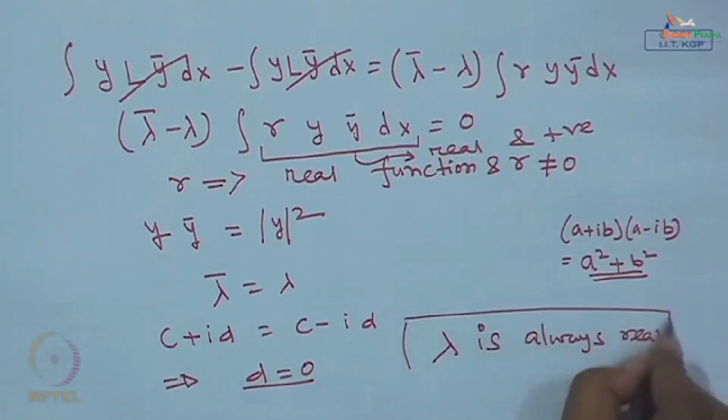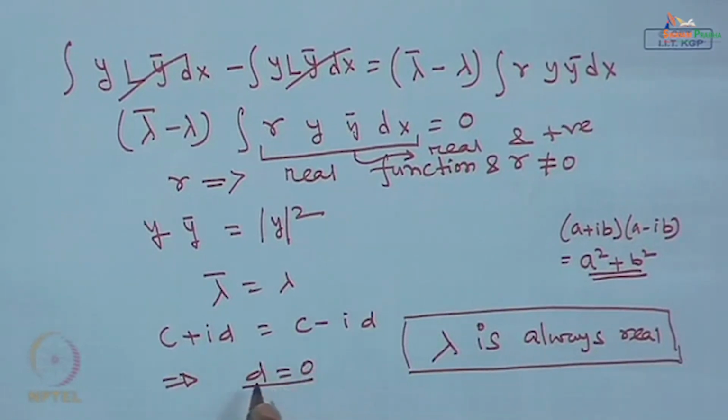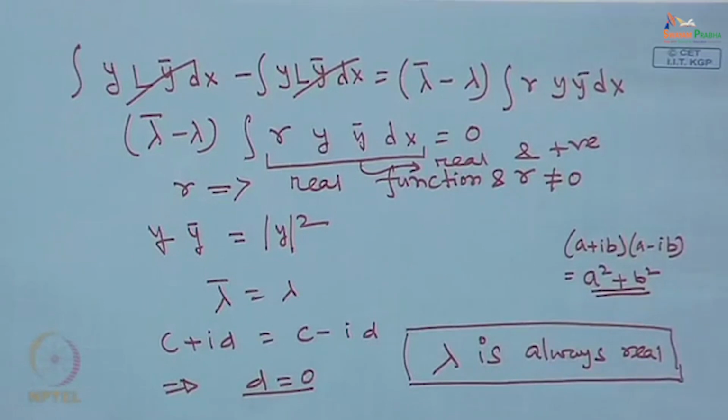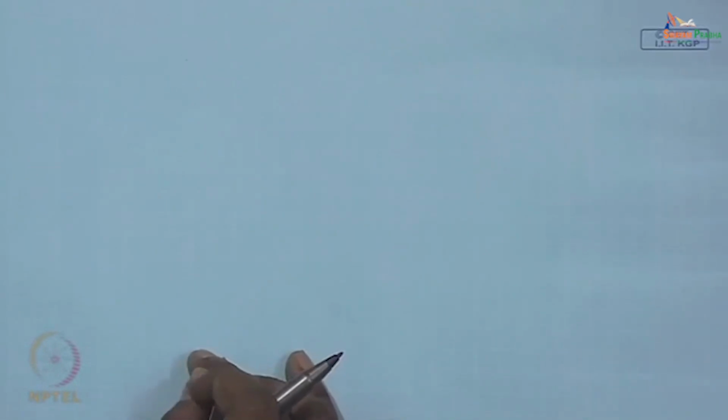So, if p, q, r are all real functions, and the coefficients in the boundary conditions beta 1, beta 2, alpha 1, alpha 2 are all real, then the eigenvalues of the system will always be real. You won't have a complex eigenvalue. For a real self adjoint system, the eigenvalues are real.